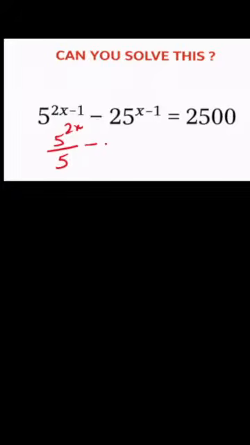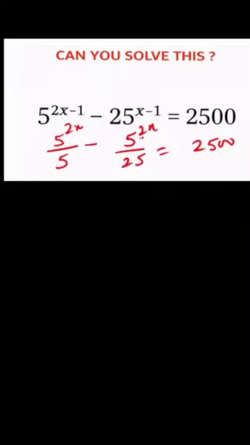Similarly, I can do the same for this. This can be written as 25 raised to power x upon 20 into 25 raised to power minus 1, which can be written as upon 25. Now this 25 to the x can be written as 5 squared to the x, so I can write it as 5 raised to power 2x.